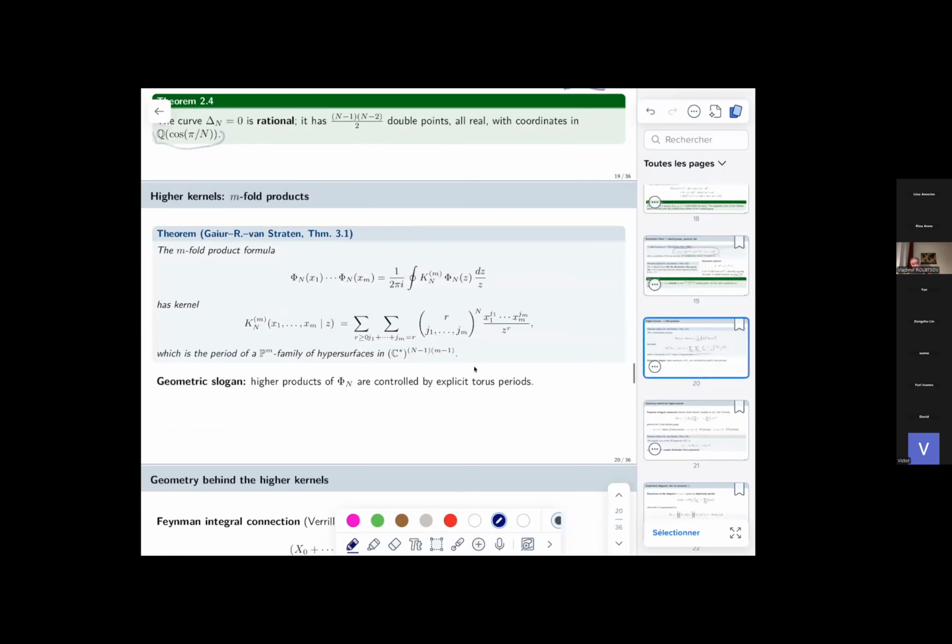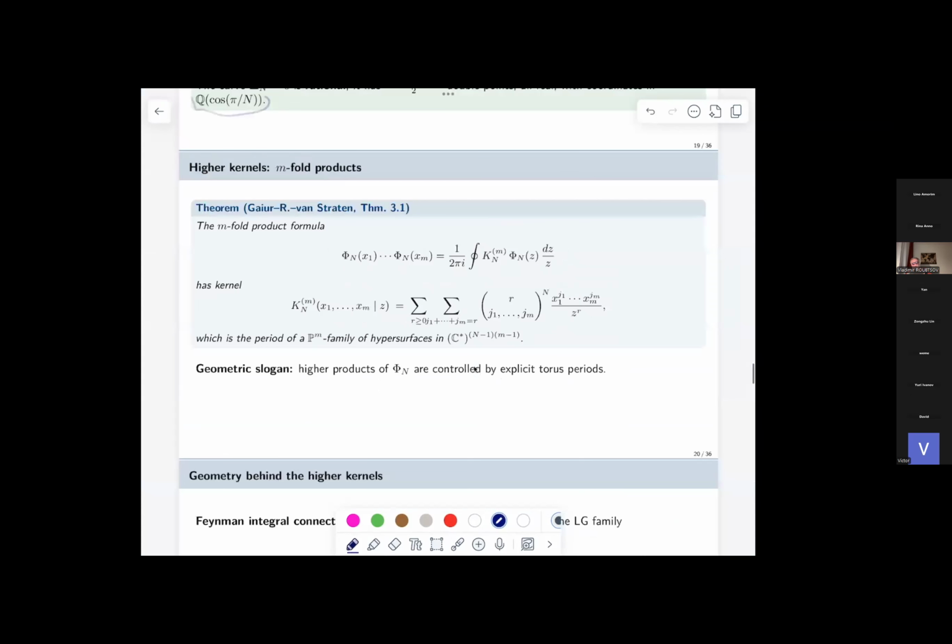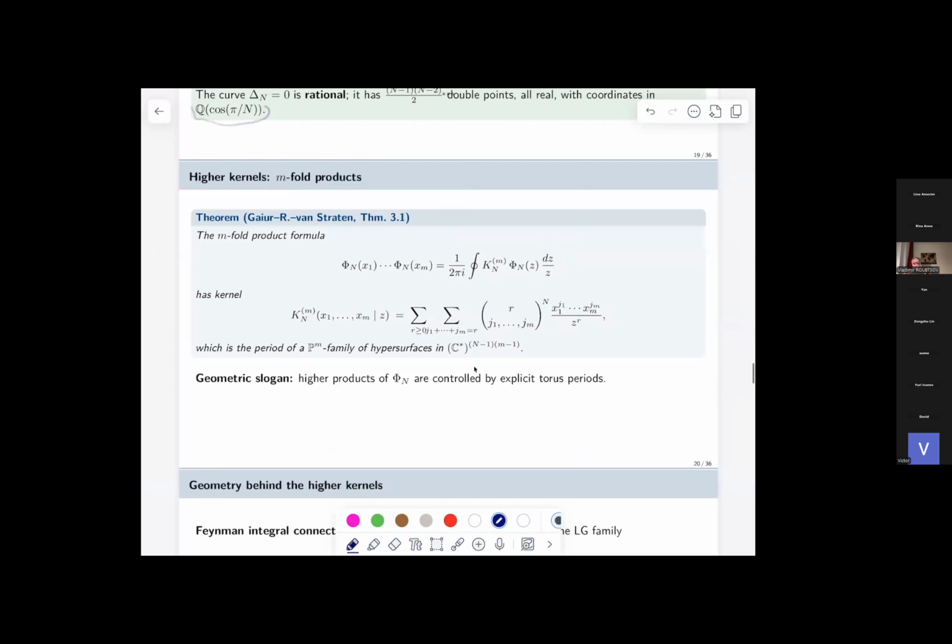The same principle, almost verbatim but much more technically complicated, can be applied to the product of not two, but m Bessel functions in variables x1, ..., xm. And you have a multinomial kernel.